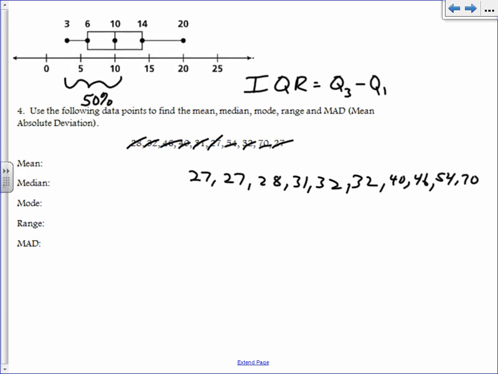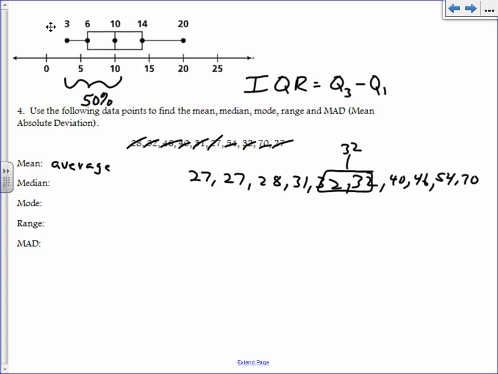You got it. So now it's just a matter of finding the mean, which is the average, and the median, which is the middle number. But with 10 data points, there is no middle number. So 1, 2, 3, 4, 5. Number 5 and 6, what do I do with them? Yeah, divided by 2 is 32. My median is 32.